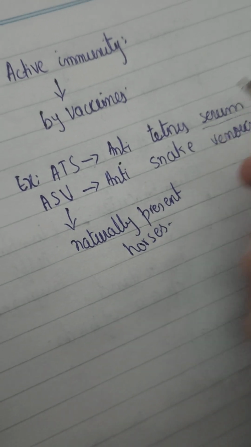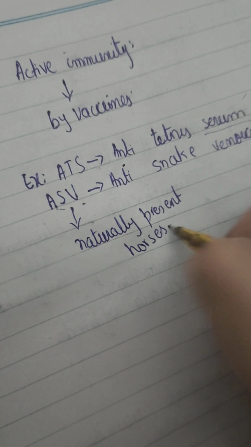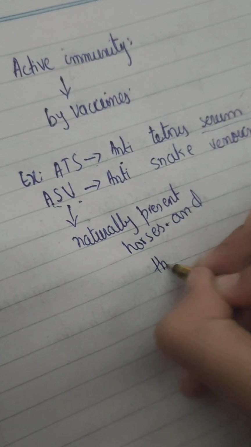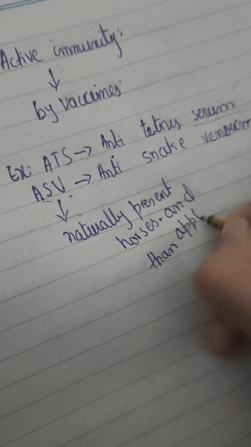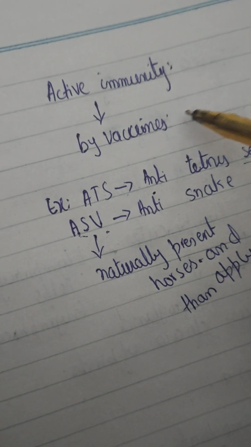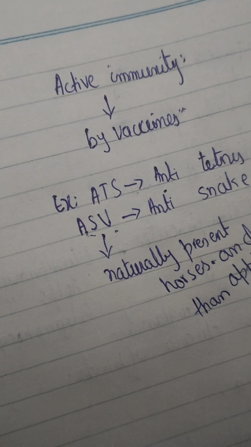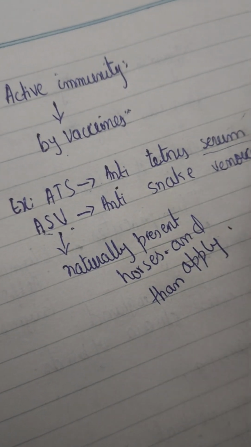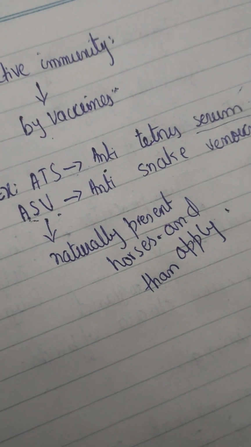So we take anti-snake venom from horses and then apply it to the infected human. This is not happening naturally. It is happening by our means, by vaccines, by serums, by venom. This type of immunity is known as active immunity.